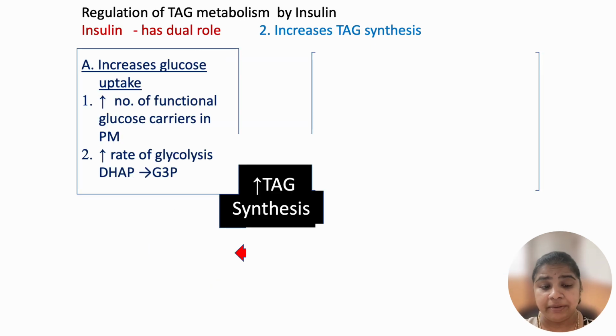So, insulin has a dual role. Insulin increases uptake of glucose by the cells. So, there is uptake of glucose, then increased rate of glycolysis, then there is formation of DHAP, and from DHAP we can form glycerol 3-phosphate.